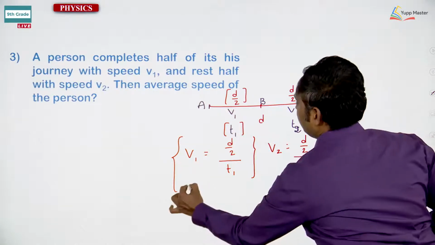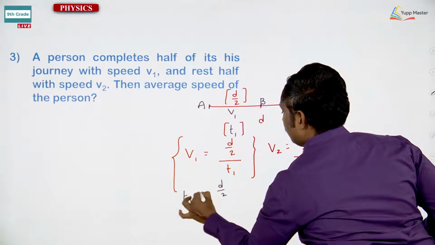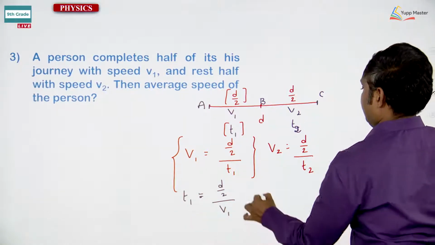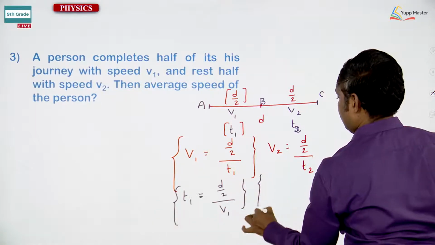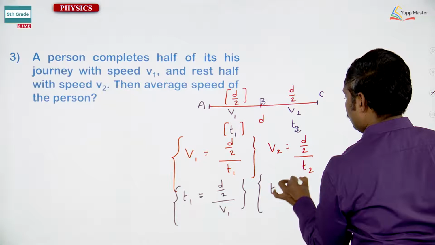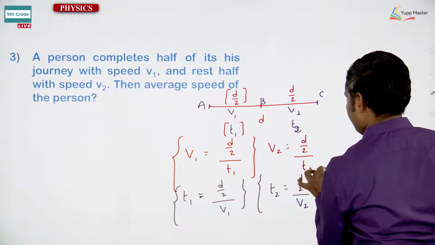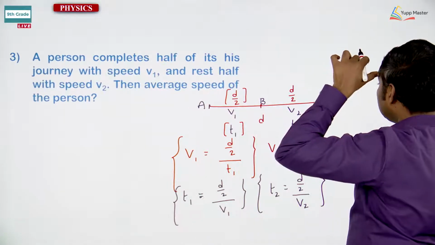Therefore, T1 is equal to d by 2 whole upon V1, and T2 is equal to d by 2 by V2. Just substitute in the formula.